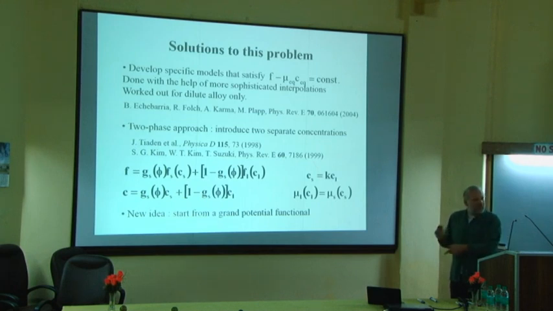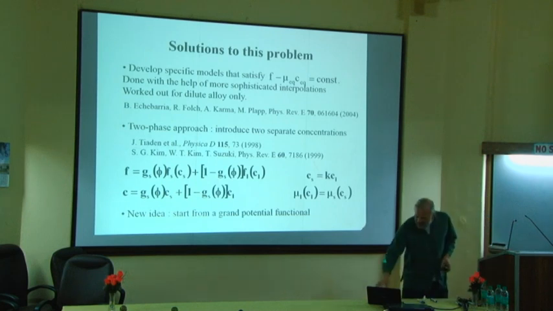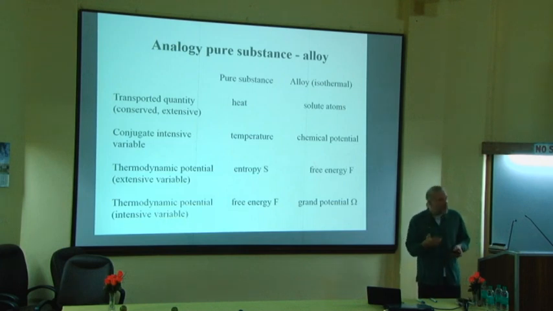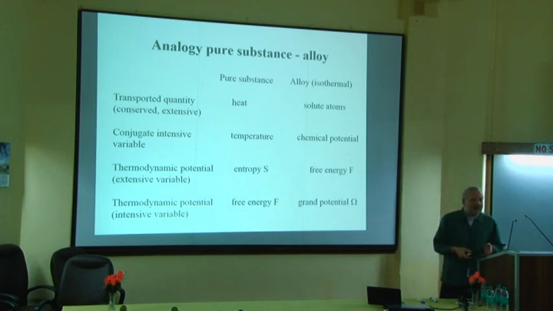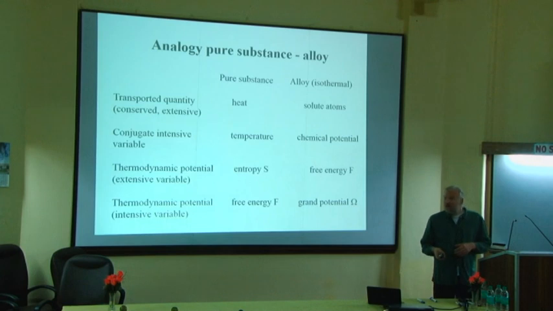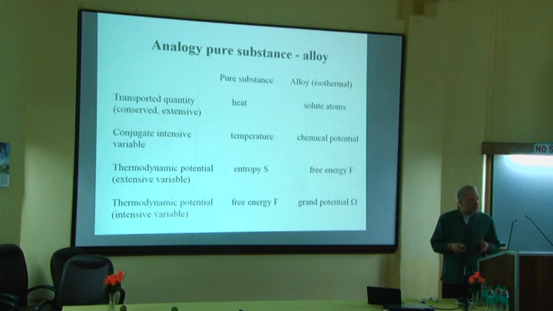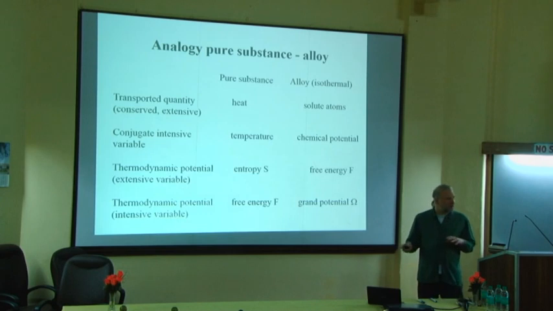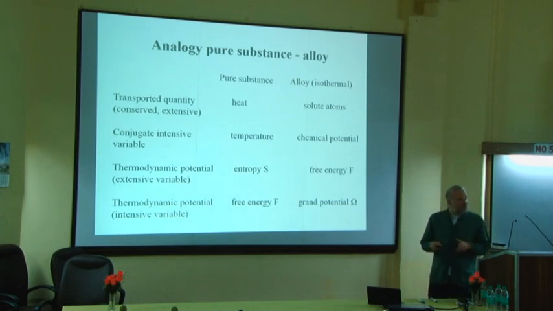And so you should redo the thermodynamics in this new perspective. Okay? So I will rapidly go through this with you, but I think I have formulated the idea already many times. This is to exploit the perfect analogy that exists between a pure substance, where the transported quantity is heat, and a binary alloy at fixed temperature, where the transported quantity is solute.